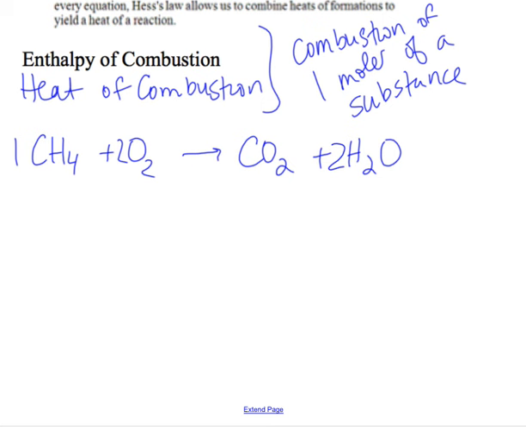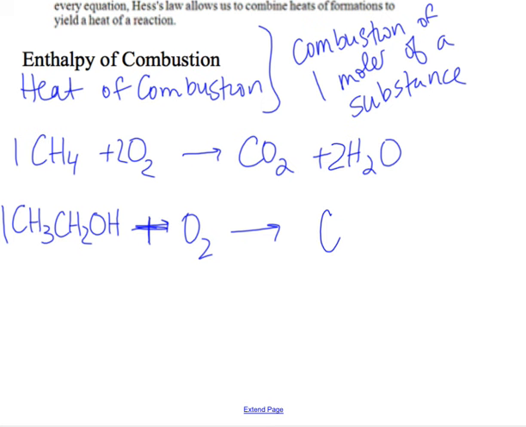Let's try, let's do methanol. Let's see what that does. I don't know. It's probably going to be fine. All right. Oops, wait. We're going to combust 1 mole of it. That's ethanol. We add O2. Again, our products are still CO2 and H2O. So how many C's do we need? 2 C's.